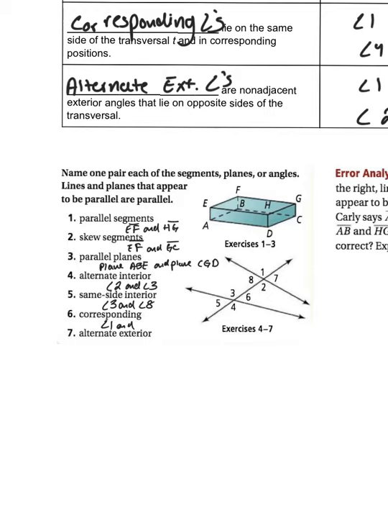That doesn't matter, right? So angles 1 and 3 are corresponding angles because they both lie on top of their lines, not on the transversal but on their lines. And then alternate exterior angles: opposite sides of the transversal, on the outside of the two lines. For example, angle 1 and angle 4.